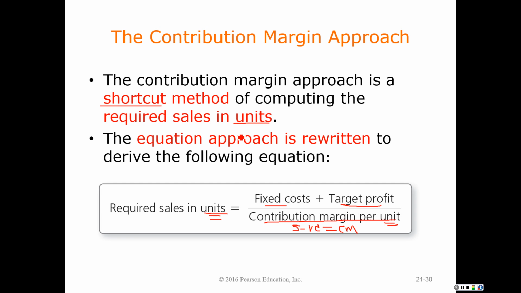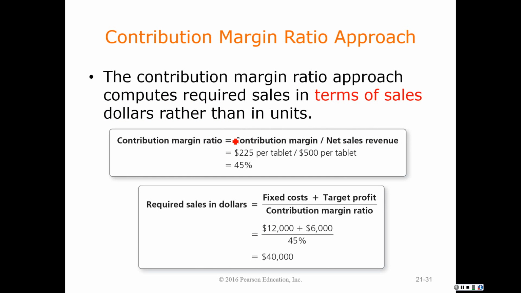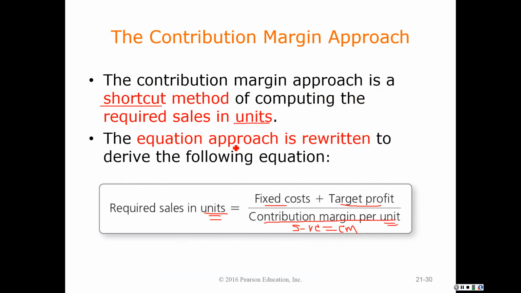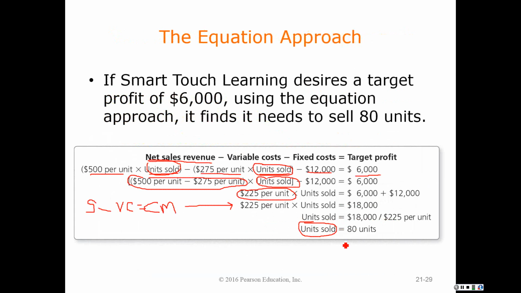Now, once again, we're determining units, and it's the same as before. Let me back up a slide instead of moving forward. We would calculate 80 units using this method. We've simply come down and reduced the equation approach to just these two lines.